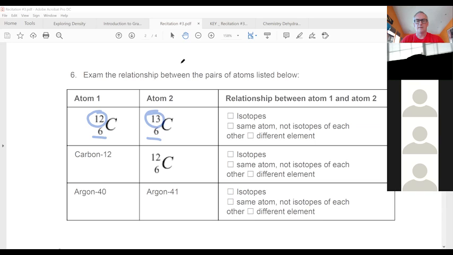No, I'm not sure. They are isotopes because isotopes have a different mass, but they're the same number of protons.